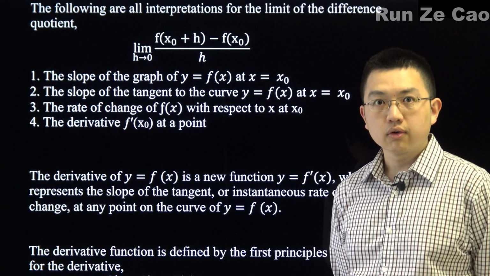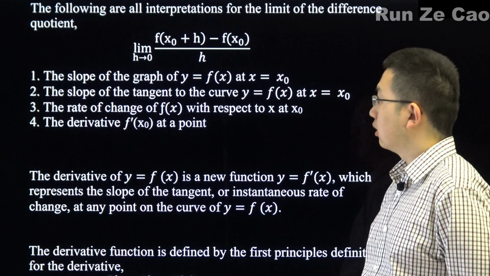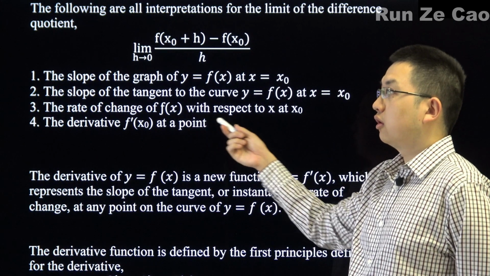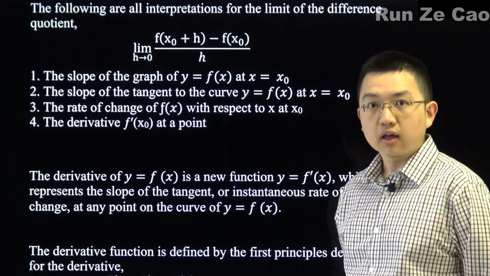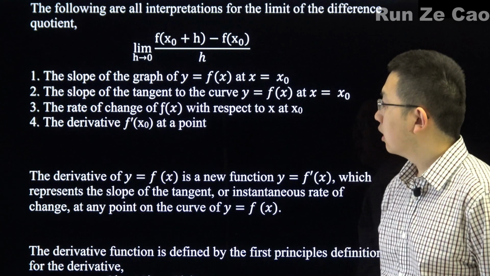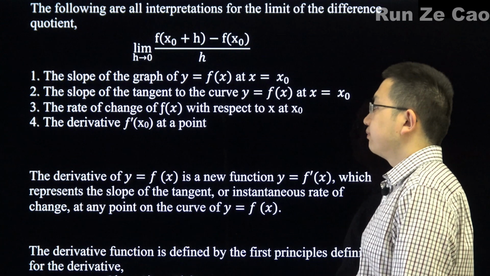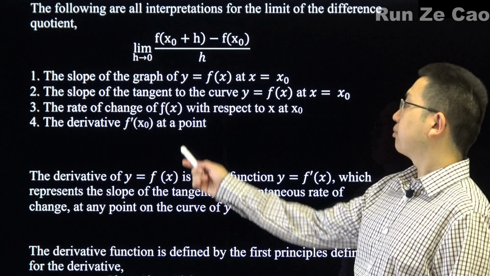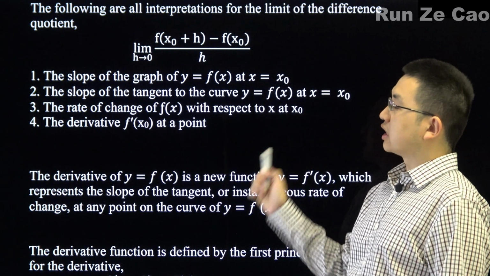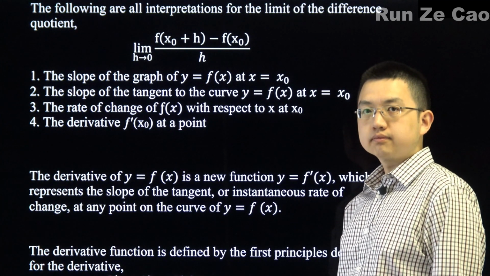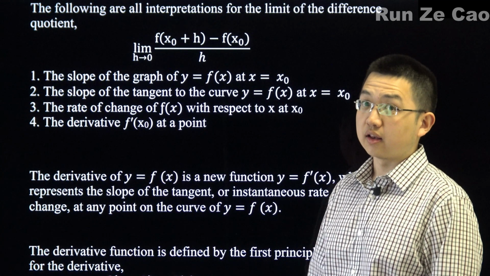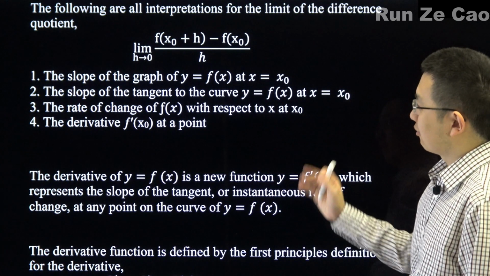So in other words, the slope, because change of f of x per change of x is rise over run. And the derivative f prime of x0, well, why isn't it f prime of x at point x0? It's because we just substituted it right in to have less writing.